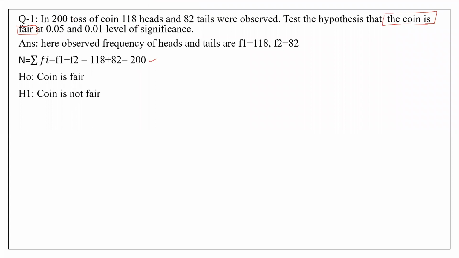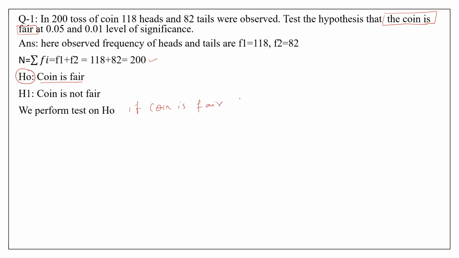Then your alternative hypothesis becomes the coin is not fair. So now we will perform a test on the null hypothesis. If the coin is fair, it means it is a normal coin.